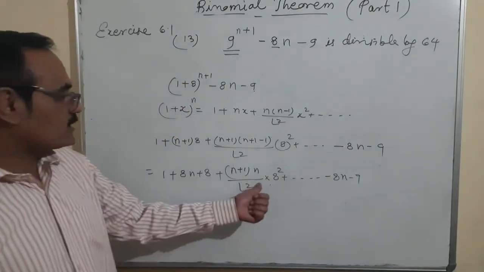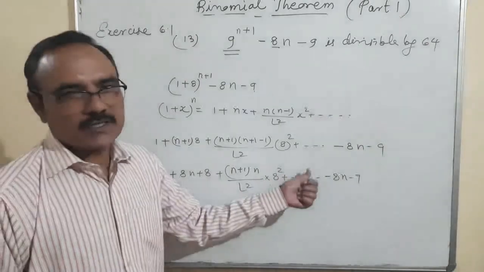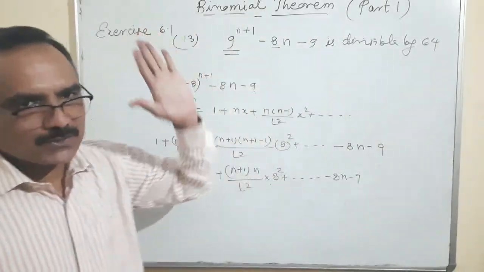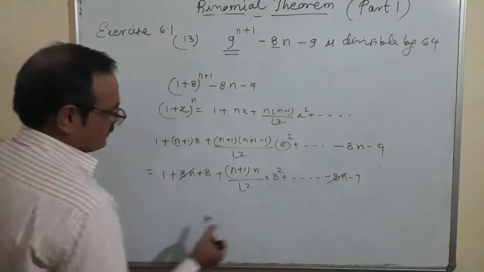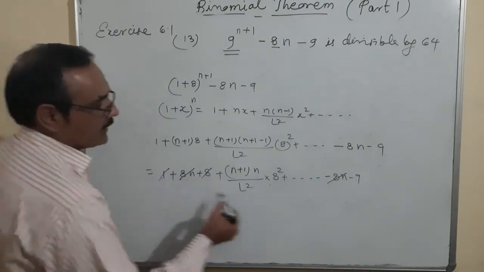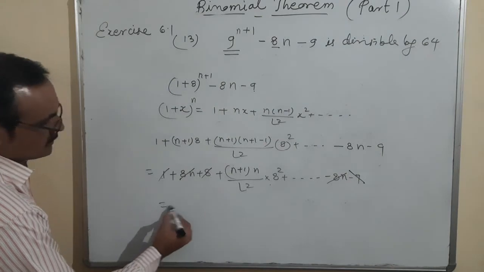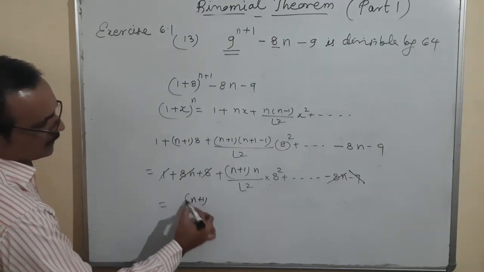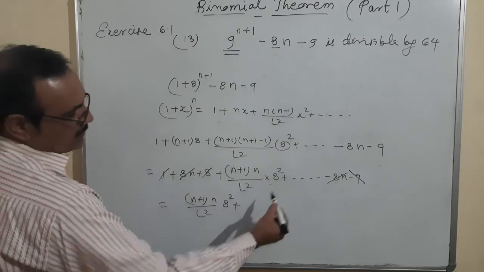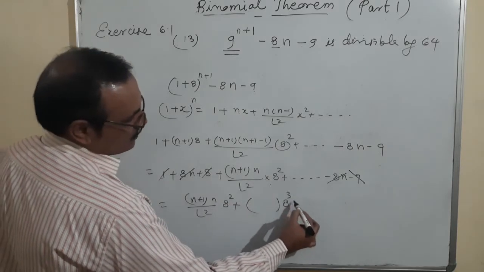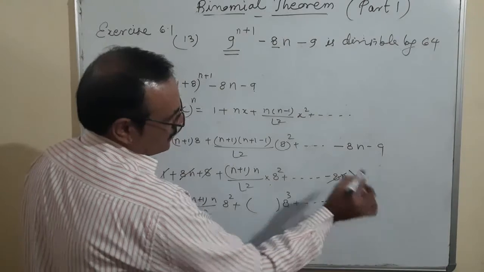Because the next term is 8³, 8⁴, 8⁵ and so on. So 8n and 8n cancel, 1 + 8 is 9 and 9 cancel. And what remains is (n + 1)n/2!·8² plus the other terms, 8³ and so on, up to 8 to the power n.